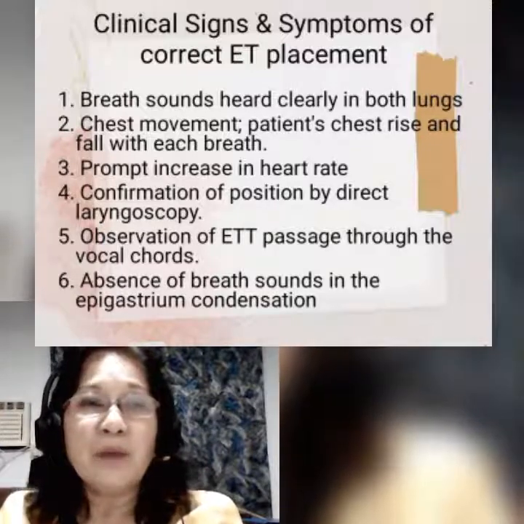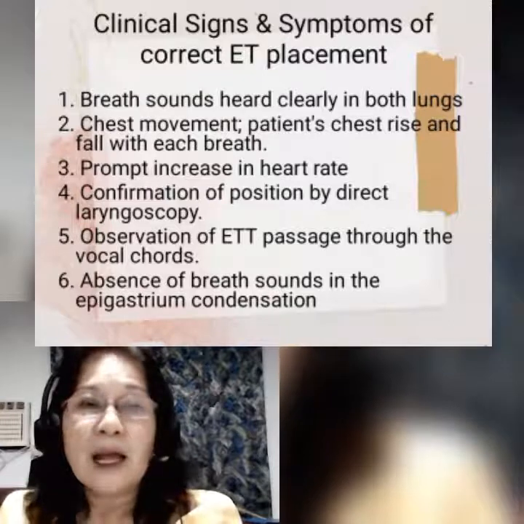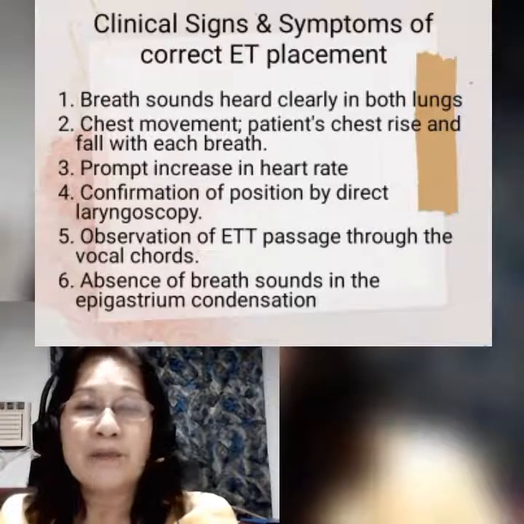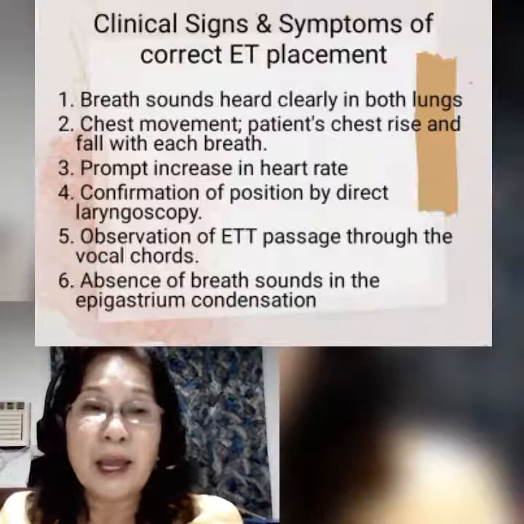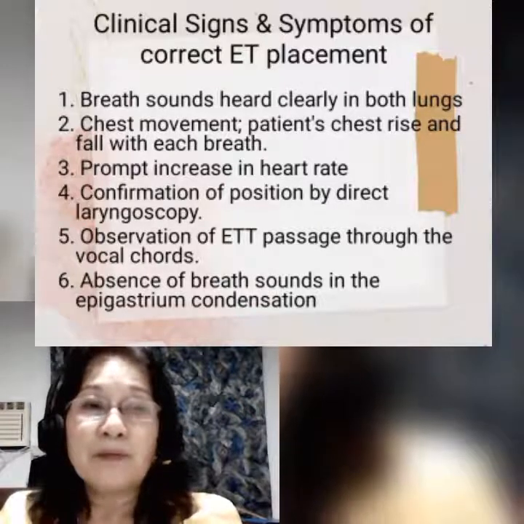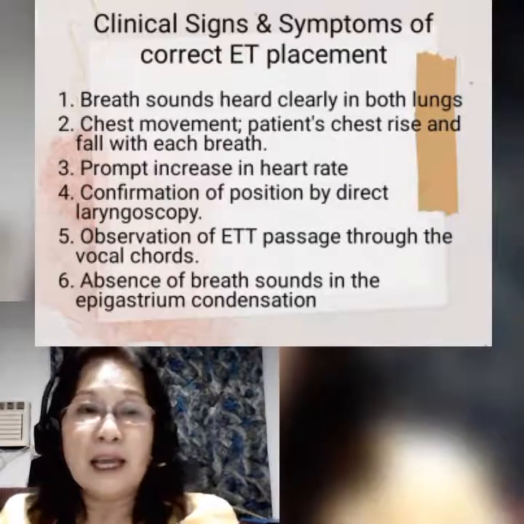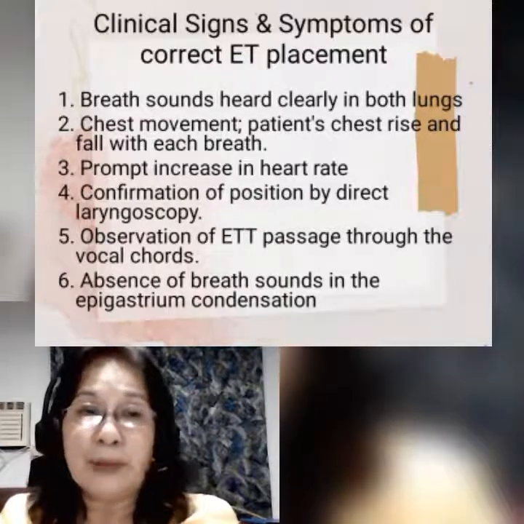And then prompt increase in heart rate. And then confirmation of position by direct laryngoscopy. This one also can be done through X-ray. You can request X-ray by portable and then try to assess if the ET is in the right place.